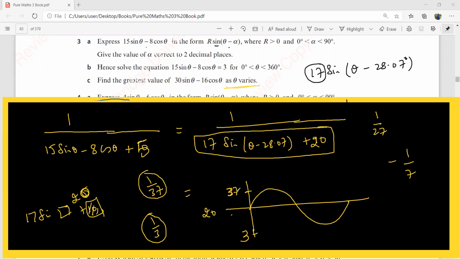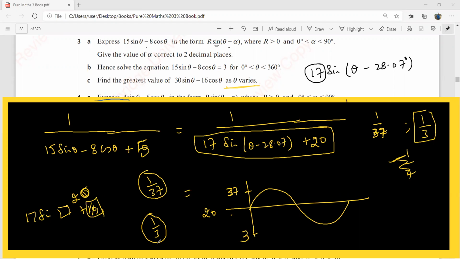So this 37 is now going to be 1 over 37 and this 3 is going to be 1 over 3. Which one is bigger, 1 over 37 or 1 over 3? 1 over 3 is going to be the greatest value of this 1 over blah blah, and this is going to be the least value of this 1 over all of this.